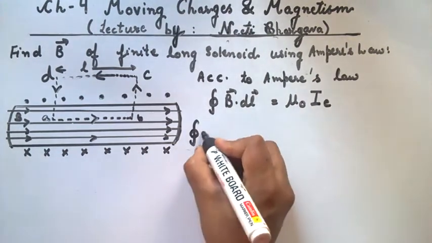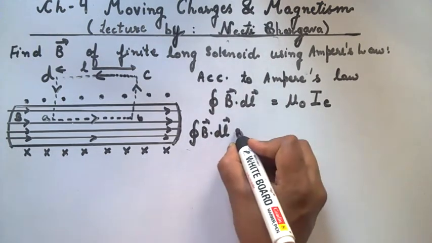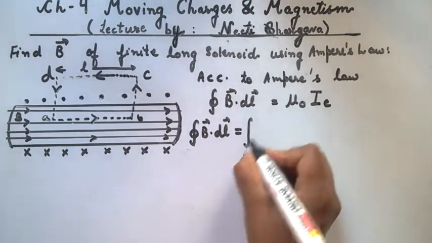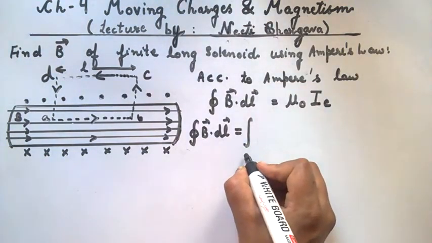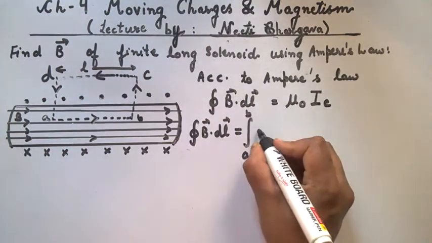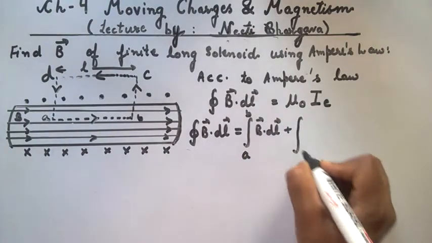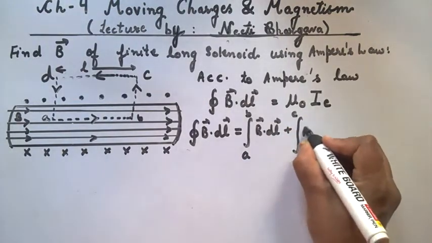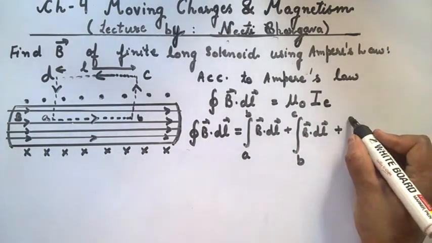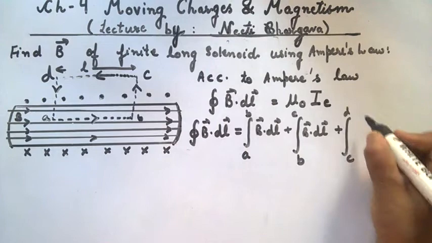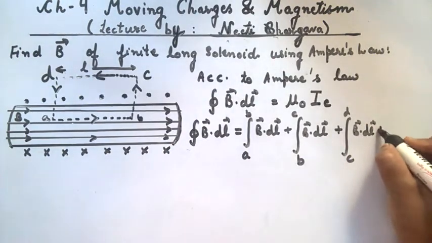So here the total line integral of the magnetic field is the sum of all line integrals because of these 4 sides, that is A to B, B dl, plus B to C, plus C to D, and D to A.